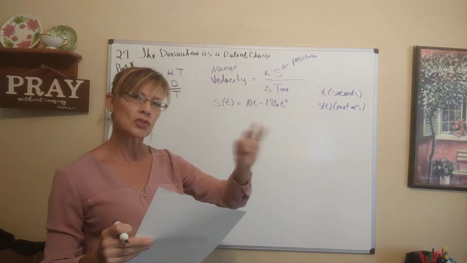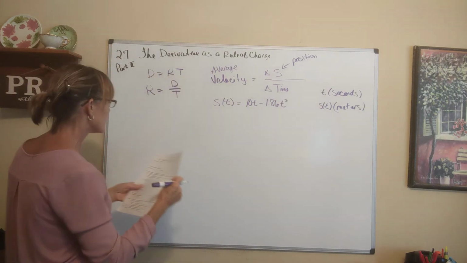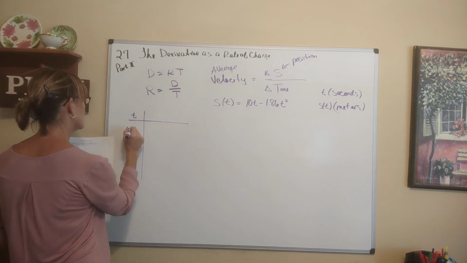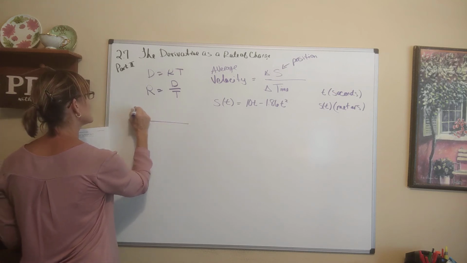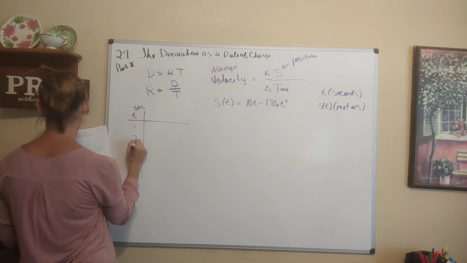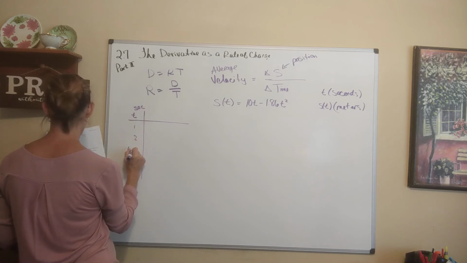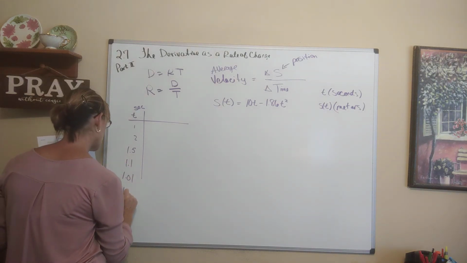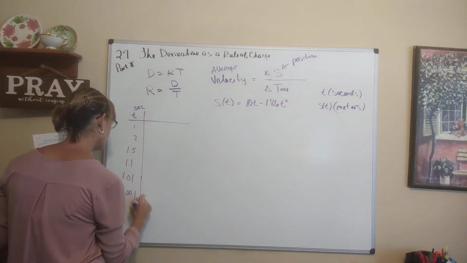So I've given you this chart to help us find our way through. We have different values of t, in seconds: 1, 2, 1.5, 1.1, 1.01, 1.001.